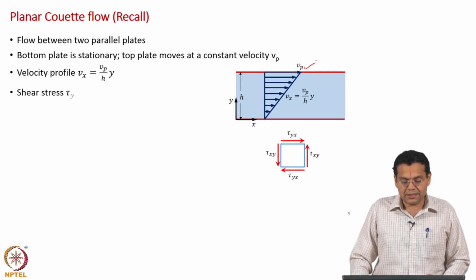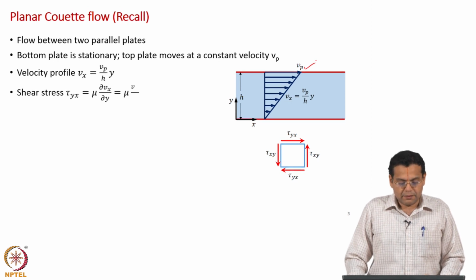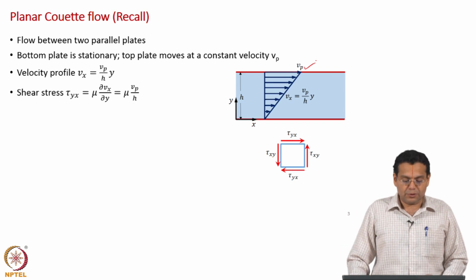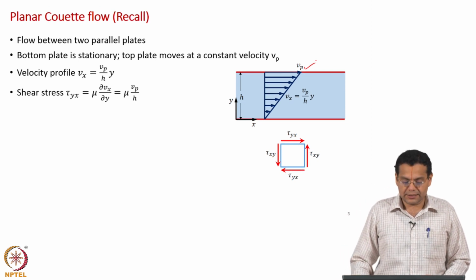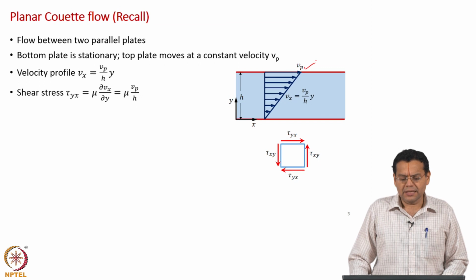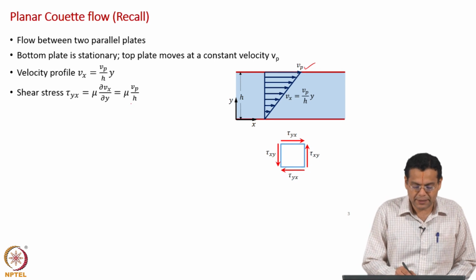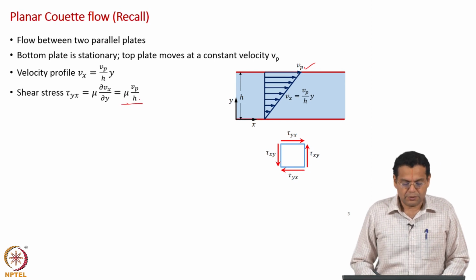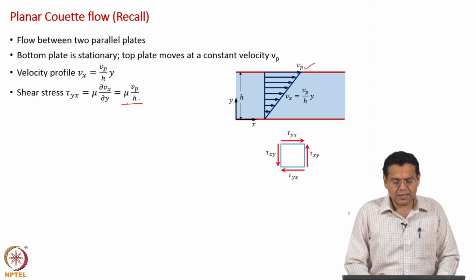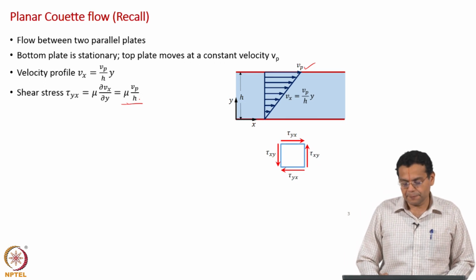Now, the shear stress tau_yx is equal to mu dou V_x by dou y for this case, or we can take it as one dimensional Newton's law of viscosity. So, if you differentiate the velocity profile you get V_p by h. So, the shear stress is given by mu V_p by h.